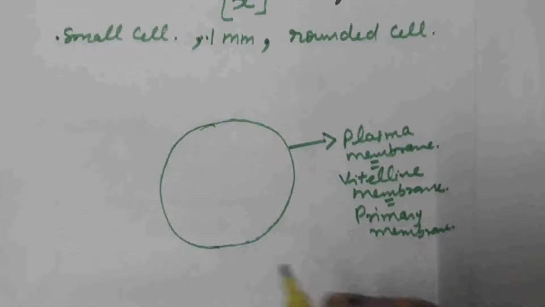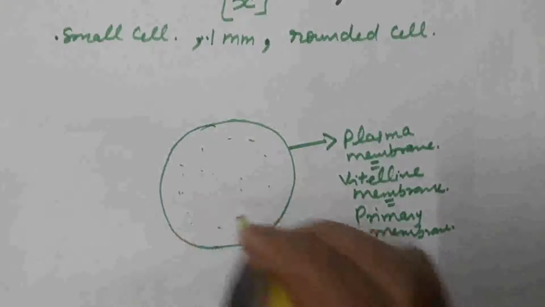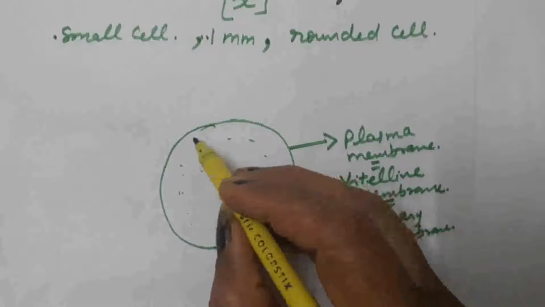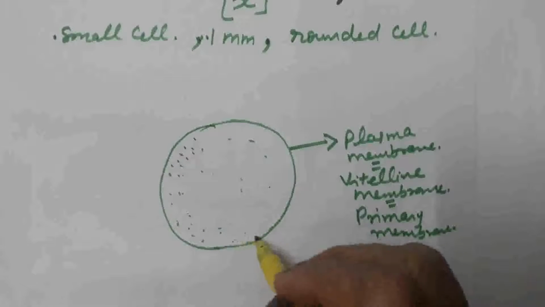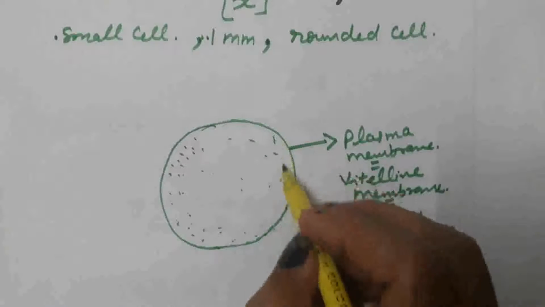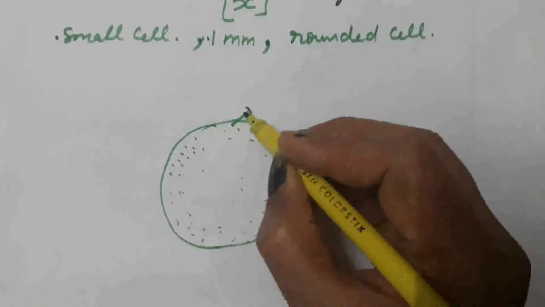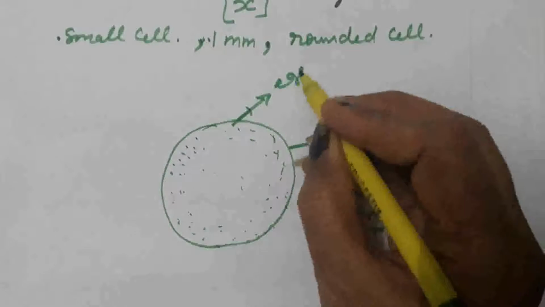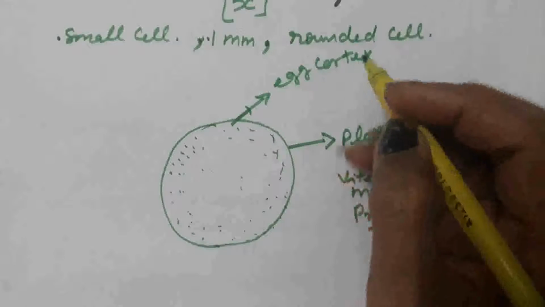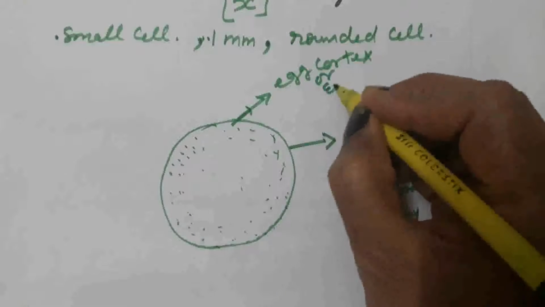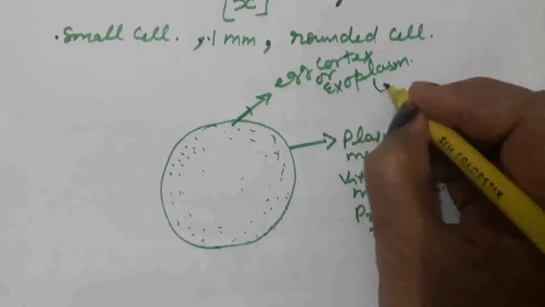Inside the plasma membrane there is cytoplasm, which is divided into two parts. The outer part of the cytoplasm is known as the egg cortex or exoplasm, which is less dense.